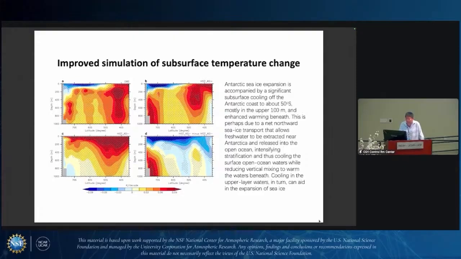So if we look at the difference, we see that Antarctic sea ice expansion gives us this very robust cooling change. This is because the net downward sea ice transport allows fresh water to be extracted near Antarctica and released into the open ocean, which will influence the stratification and also the cooling in the surface open ocean water. It reduces the vertical mixing that would warm the water beneath, so that is the mechanism for sea ice to influence the ocean subsurface temperature.